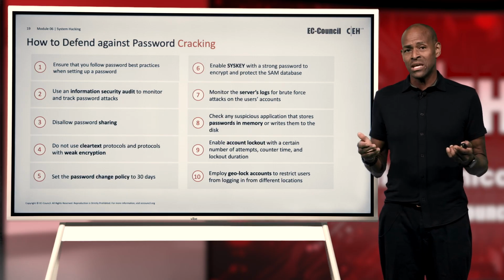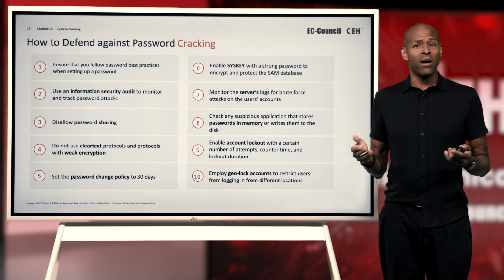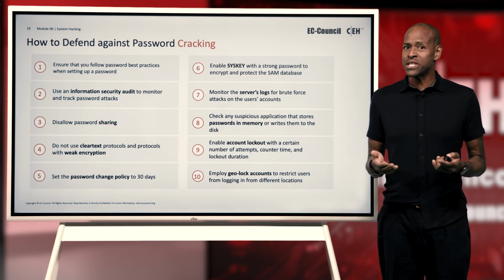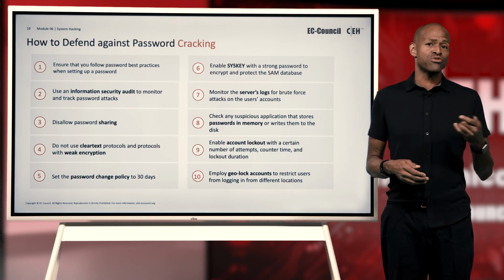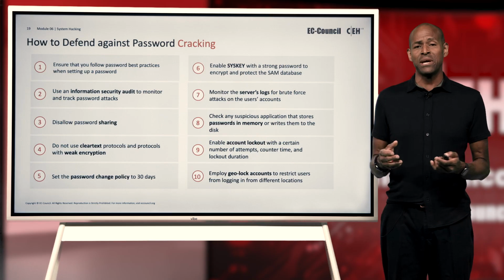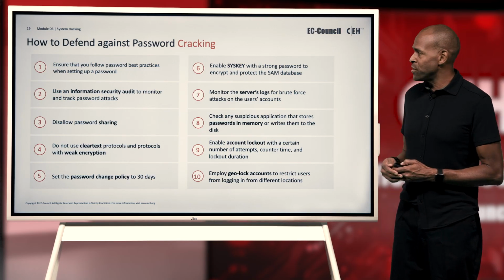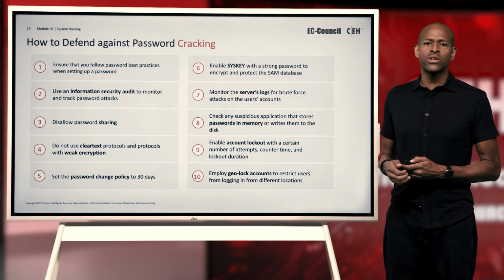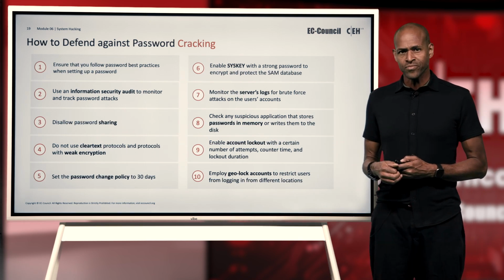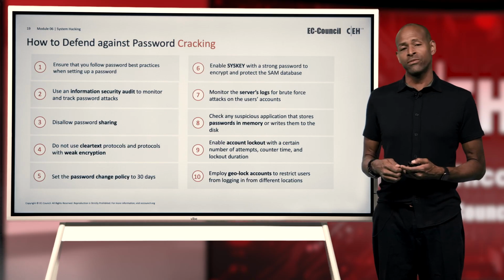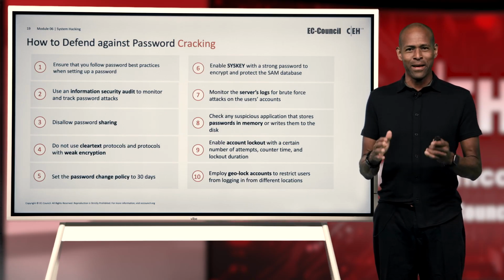You can make it something easy to remember, but very long. So a 20-character passphrase can be very easy to remember for humans, but extremely long in terms of the phase space that it would take to crack that password. So that's number 1. Number 2 is audit. Number 3, don't share your password. For instance, I would never tell you that I use password123 on all of my accounts. I'm not going to tell you that.